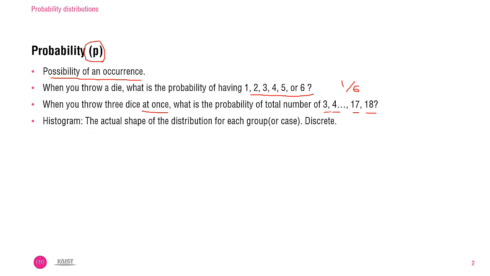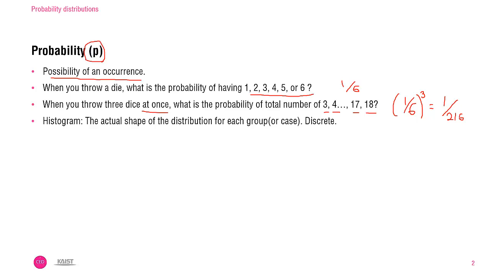The probability of having the total number of 3 or 18 is actually 3 times 1 over 6. So you multiply 1 over 6 3 times, which results in 1 over 216.